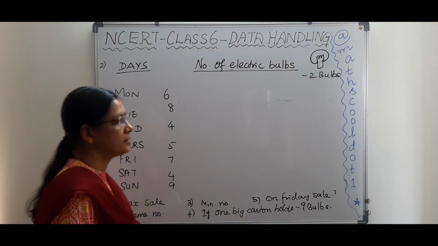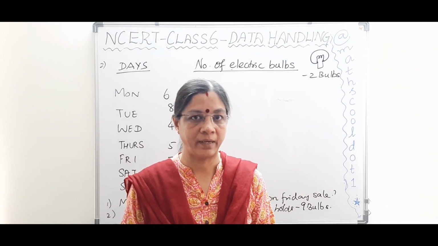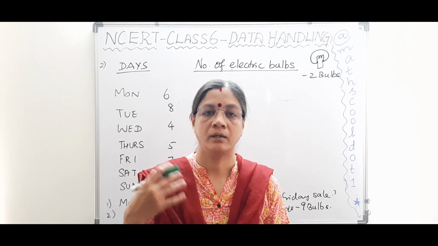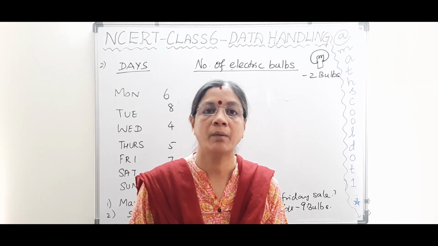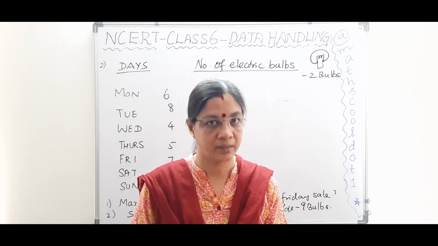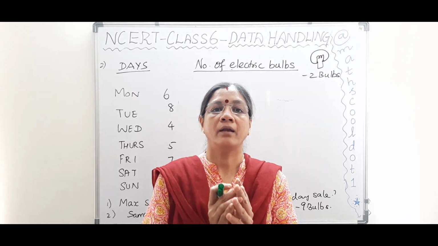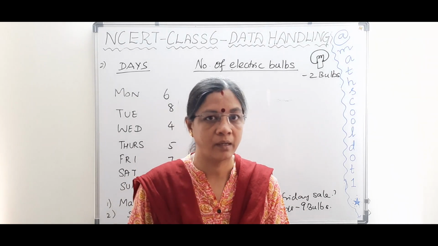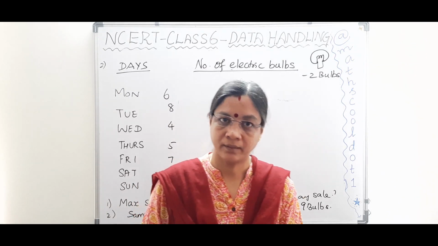There is a factory which is manufacturing electric bulbs, and it sells those electric bulbs too. The sale of the number of electric bulbs is given in this table, and for each day the sale is given, and you need to answer. After constructing the table, we'll be able to answer certain questions regarding the sale.